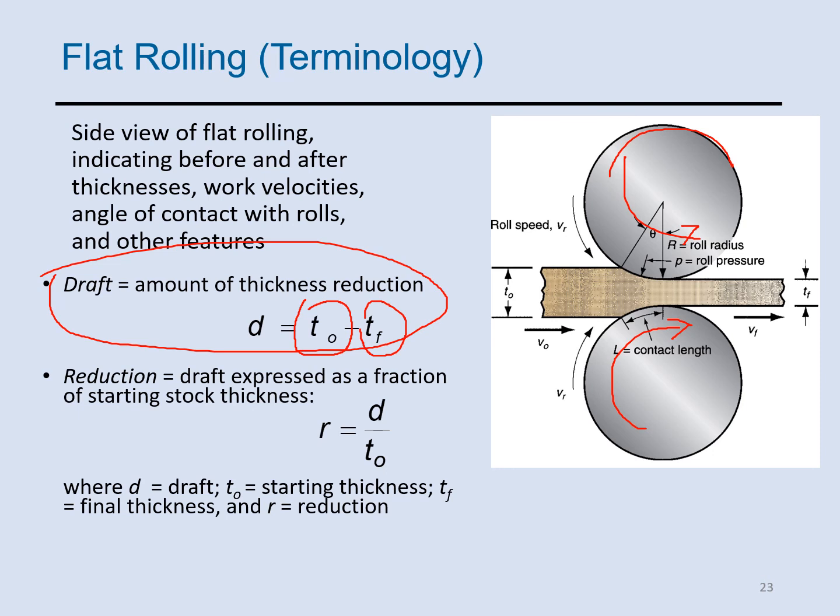If you deduct these values from each other, then you get the draft value. And the reduction is another term. It's the draft expressed as a fraction of the starting stock thickness, and this is the reduction.